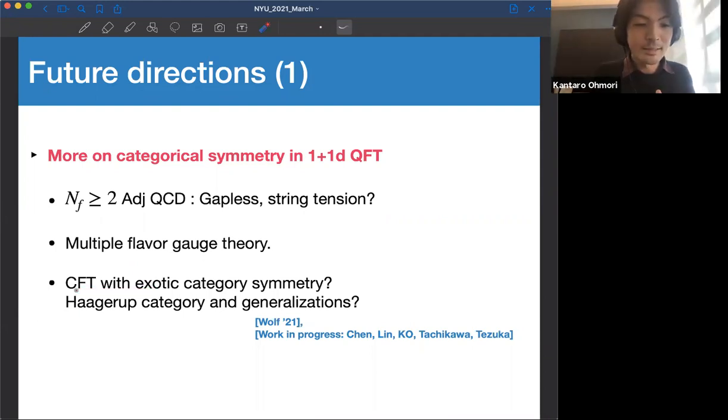Also, there is some exotic fusion category that does not look like Fibonacci lines, the Haagerup category. And so one question is whether there is a CFT that admits that non-Fibonacci line fusion category, and we have some work. There's a good work by Wolf, but inconclusive, and we are following up on it with these people.